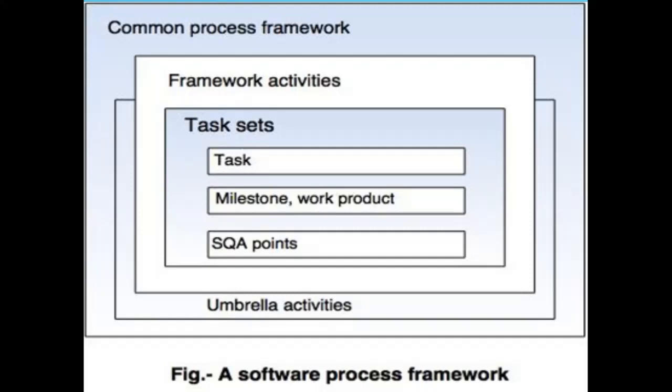These are the different tasks and umbrella activities. Friends, SQA points check the reviews, which are taken from the feedback of the customer. This is a simple software process framework.